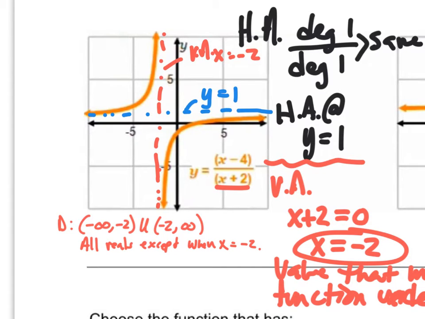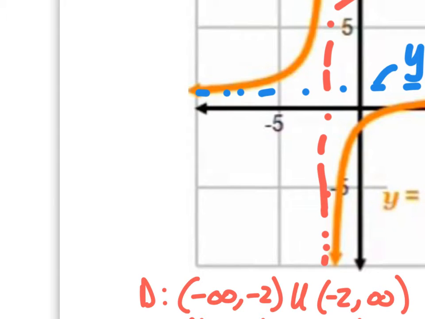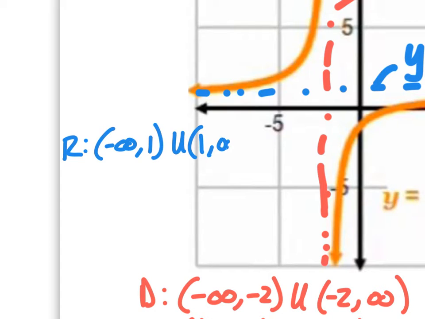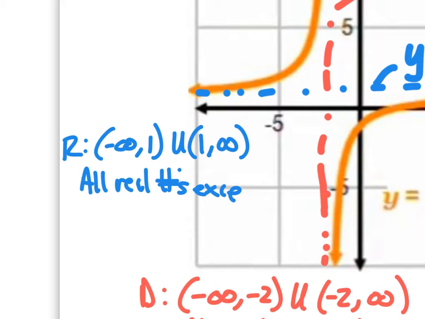So my range goes from negative infinity to 1, unioned with from 1 to positive infinity. Or you can say all real numbers except when y equals 1.